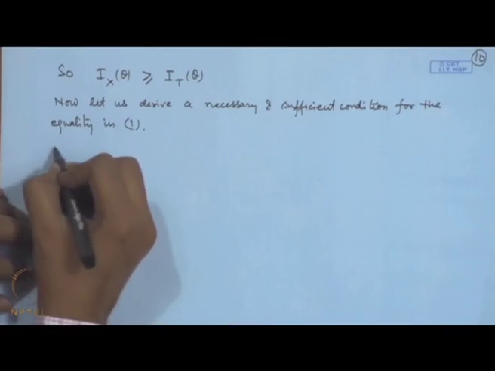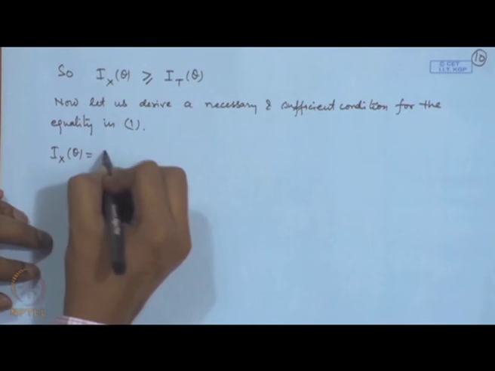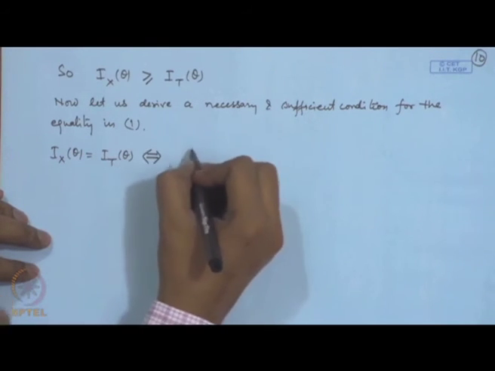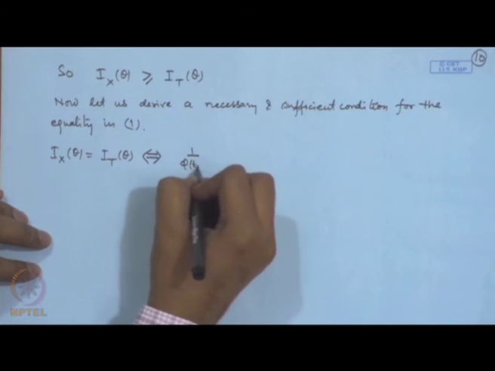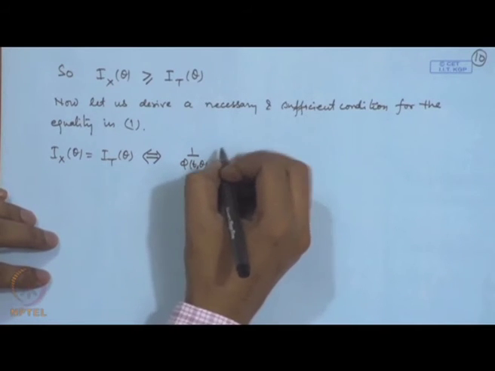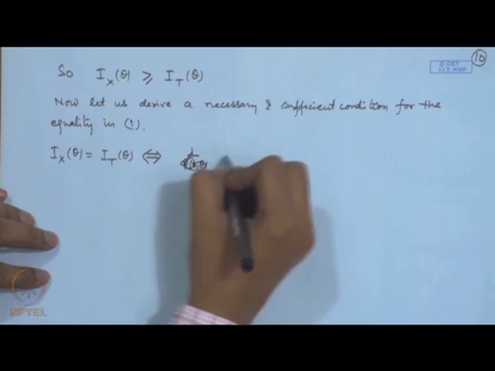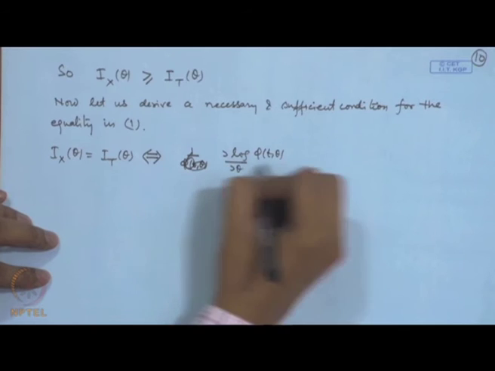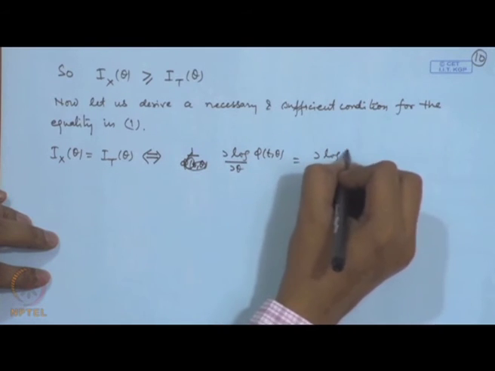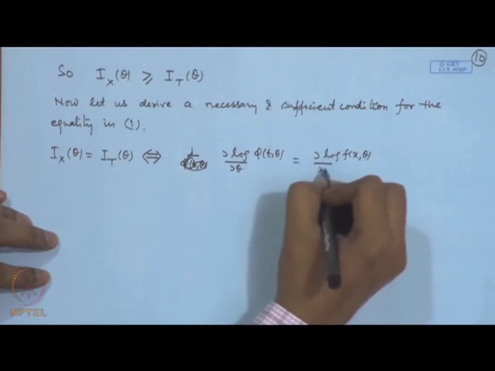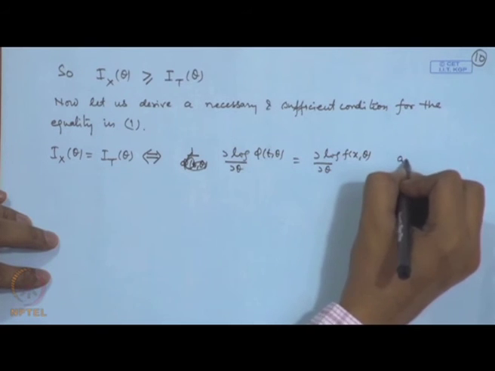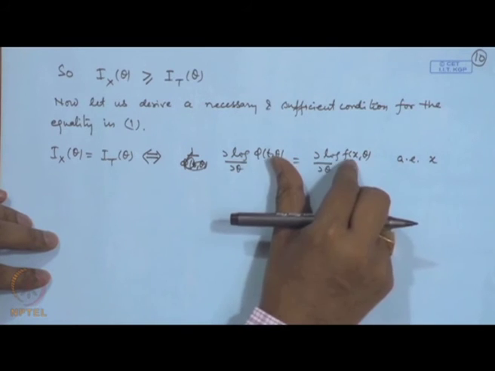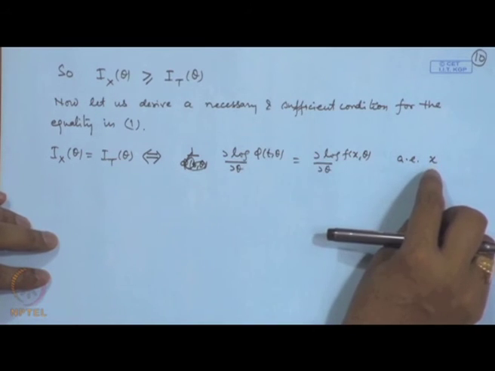So, I_X(θ) equal to I_T(θ) is equivalent to saying that ∂ log φ(T, θ)/∂θ is equal to ∂ log f(X, θ)/∂θ almost everywhere. That means the set of values of x where this is not true will have probability 0.